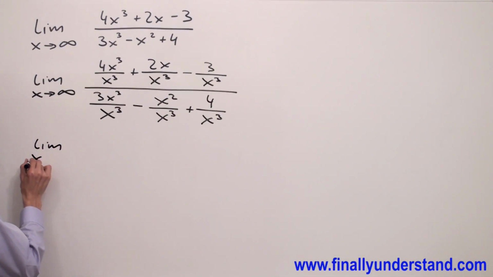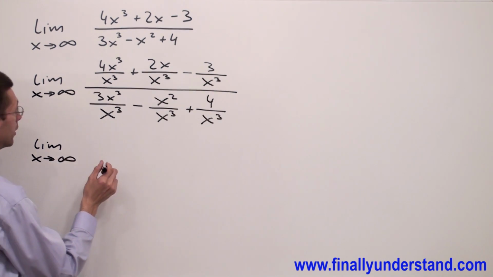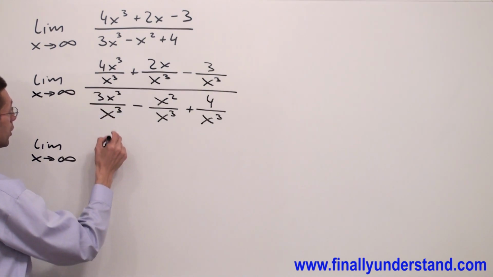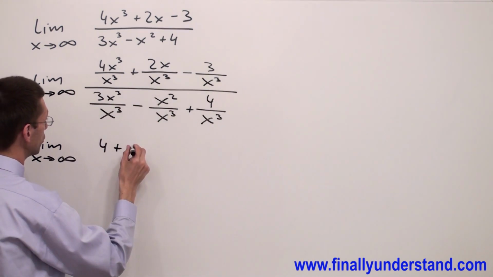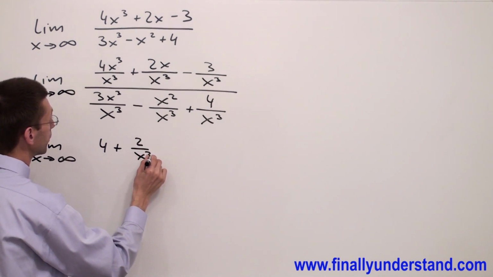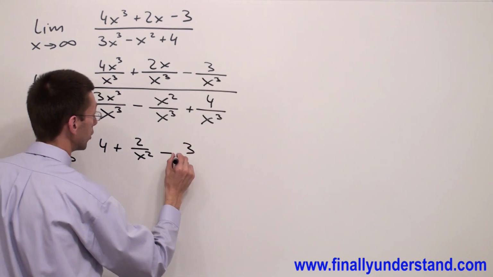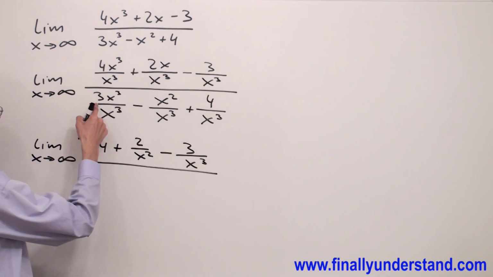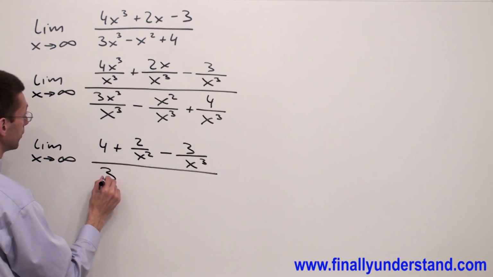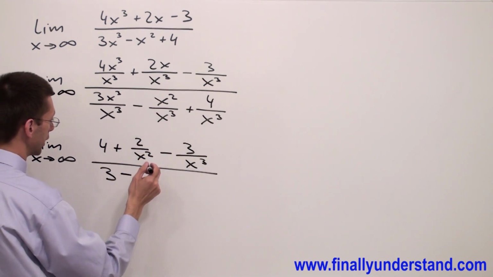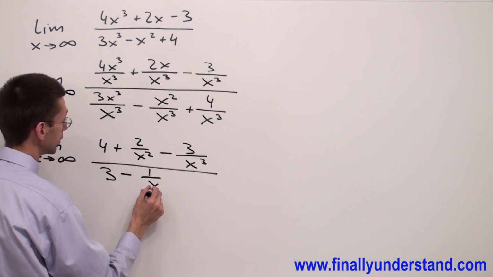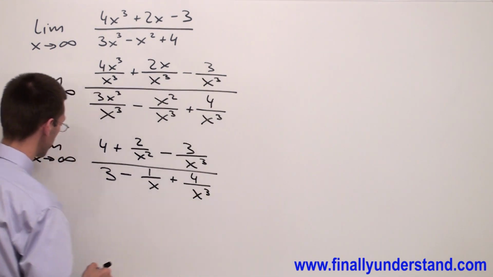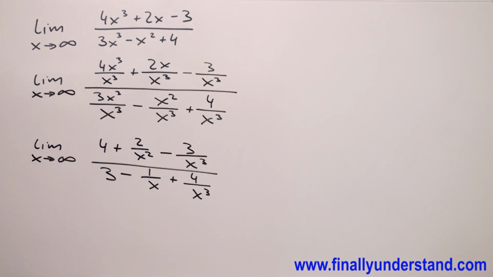Limit x is going to infinity, and I'm going to have 4x cubed divided by x cubed is 4, plus 2x over x cubed is 2 over x squared, minus 3 over x cubed, over 3x cubed over x cubed is equal 3, minus x squared over x cubed is 1 over x, plus 4 over x cubed. Now let's take a look at this expression.